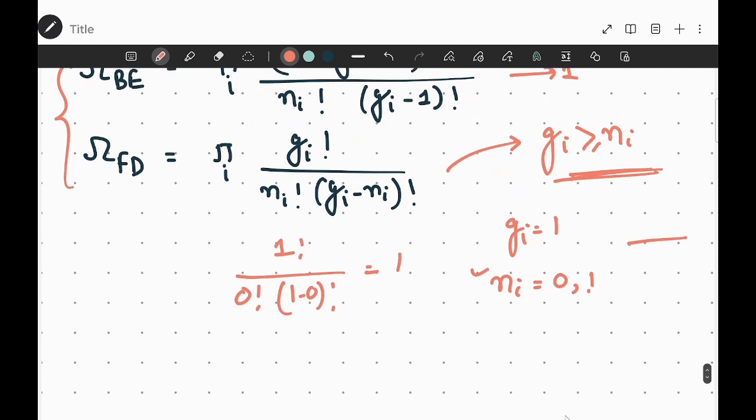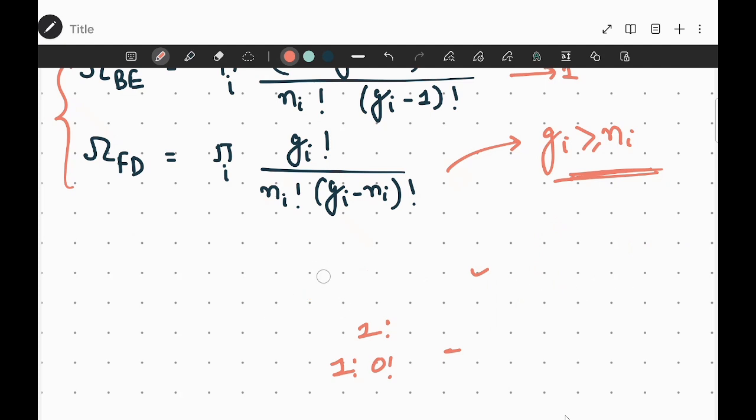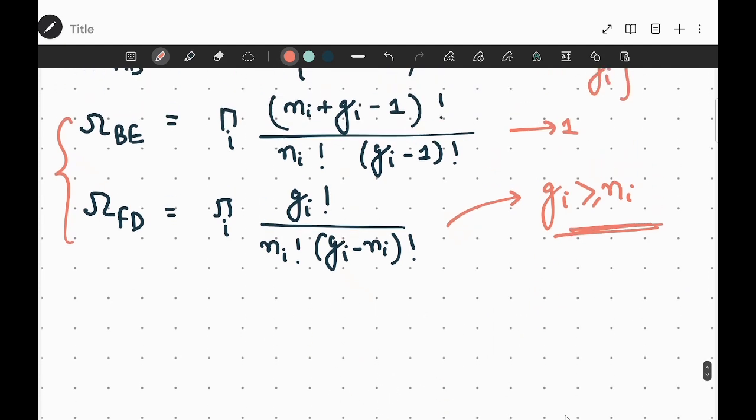When it is 1, it is 1 factorial by 1 factorial into 0 factorial. So again it is 1. So for both cases, it is 1. So for quantum mechanical particles, degeneracy must be there. If there is no degeneracy, then only one microstate will be possible. So it is very, very important. Everything is due to the degeneracy for quantum mechanical particles.